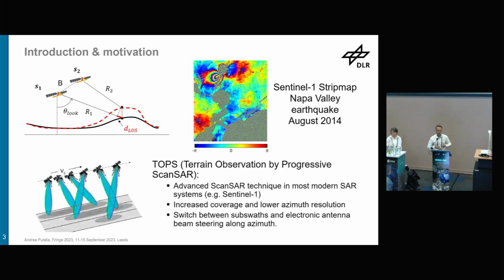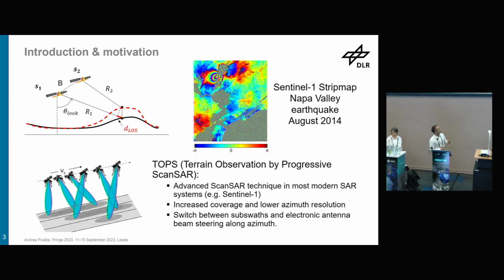But what happens when we have a more complicated acquisition mode, like TOPS? TOPS, just briefly, is an advanced scan technique used in most modern SAR systems such as Sentinel-1. It has the advantage of increasing the coverage at the expense of the azimuth resolution.